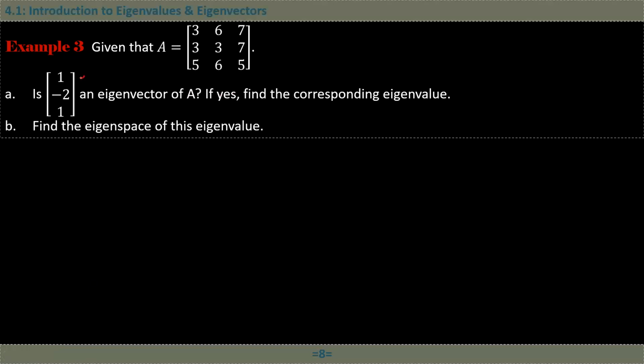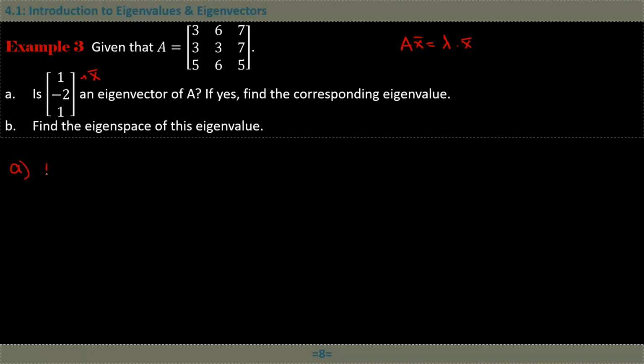If this vector is x, is A times x equal to some scalar times x? Can we find this lambda or not? So we are looking for lambda, that is, whether the result of A times x is a scalar multiple of x. All right, let's show this.